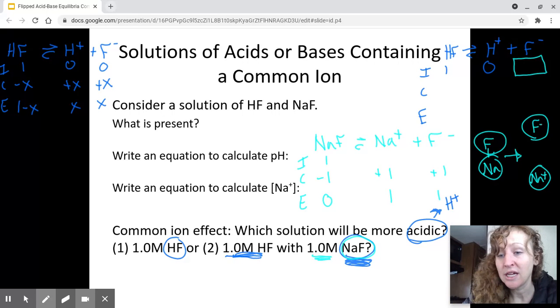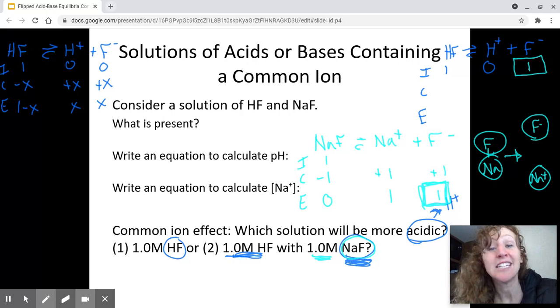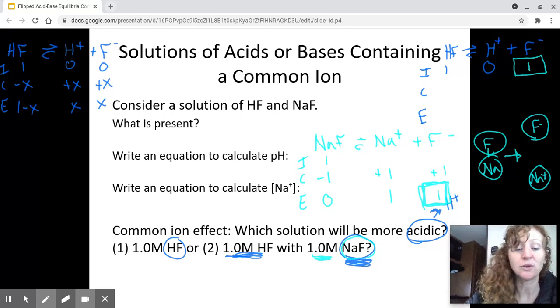Okay, so how much F minus will be present because this NaF has dissolved completely? 1 molar. So I need to take that into account initially. That's initially present because I have dissolved this NaF in there. Okay, so now what will be my change?